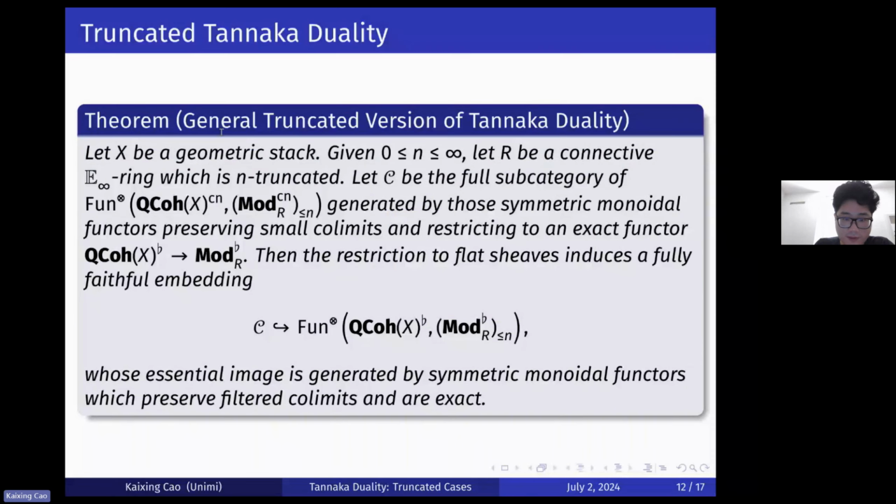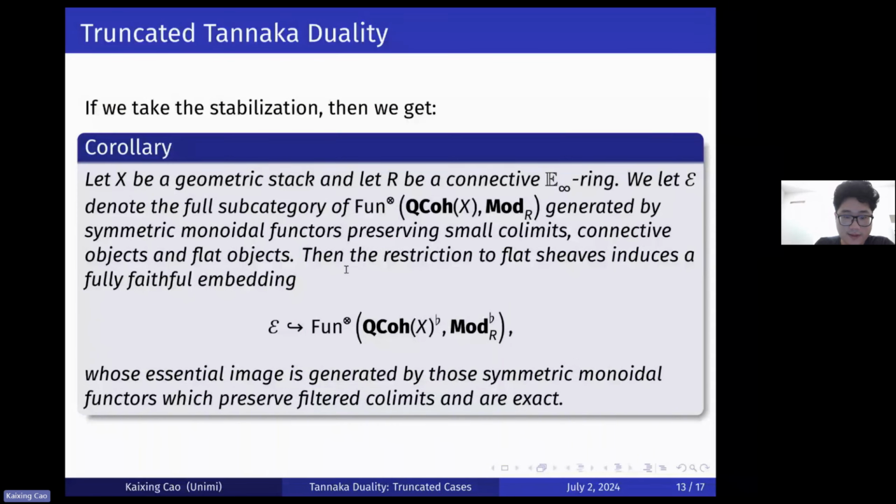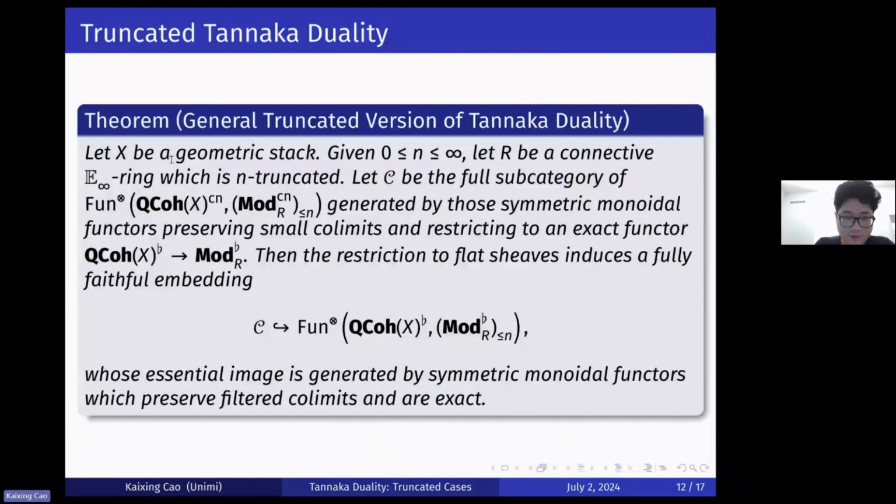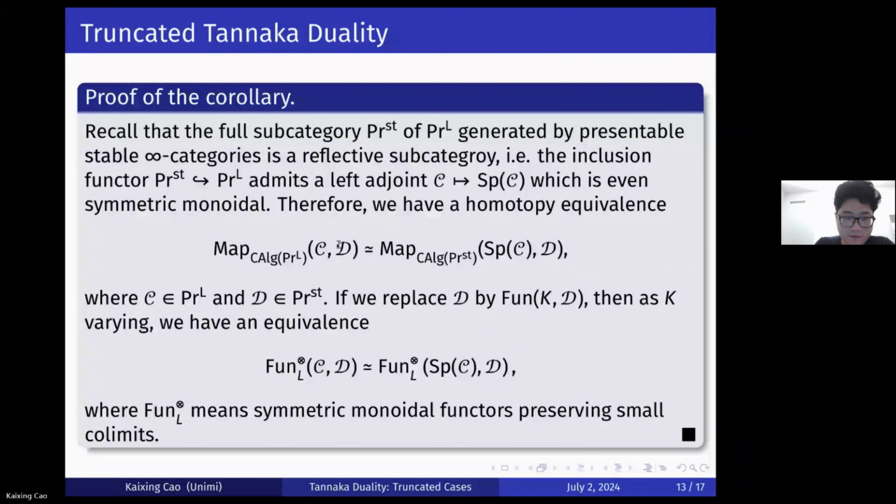It's just the C, and we can conclude this corollary because it's just taking the restriction to the flat objects. And we can conclude this corollary from this theorem using this identification.